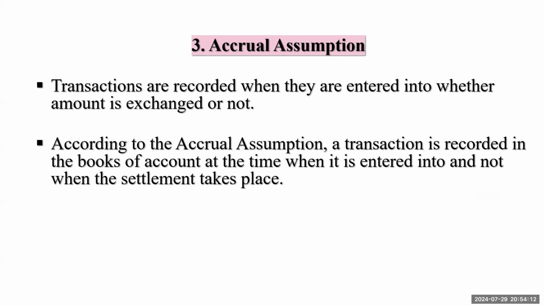So this assumption says that the transactions should be recorded in your books of account when they are entered into. The transaction of the purchase of machine was entered into on the date of purchase. So it should be recorded, it should be journalized on that date itself and not when the amount is paid for that machine.